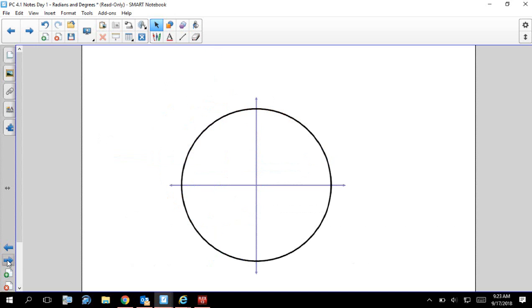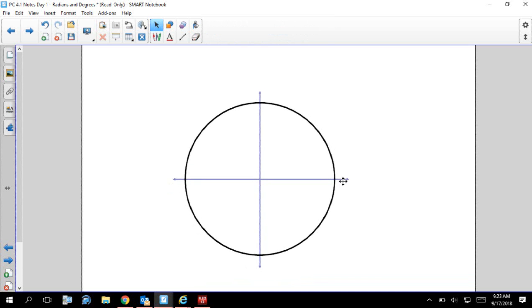Now, let's talk about exact form. There are certain radians that you have to know. Some you don't have to, but certain ones you have to know. So the main ones you have to know: this is 0, or if I go all the way around, radians, 2 pi.